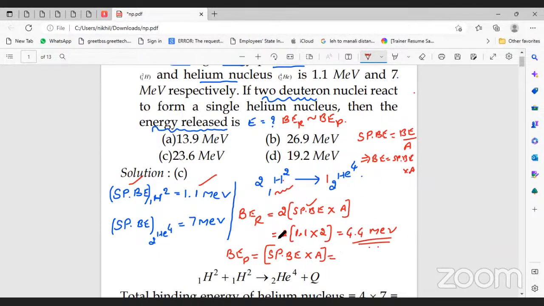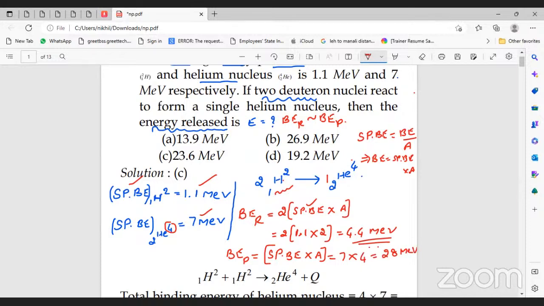The specific binding energy of the alpha particle is 7 mega electron volt into the mass number of the alpha particle, that is 4. So that is equal to 28 mega electron volt.